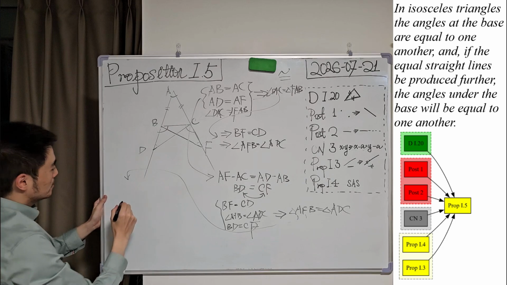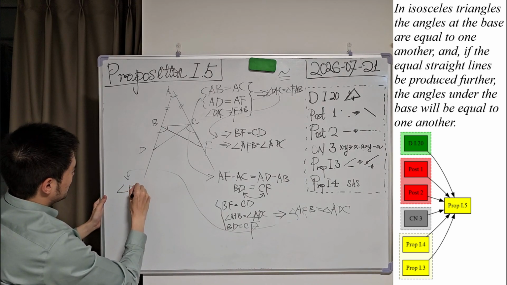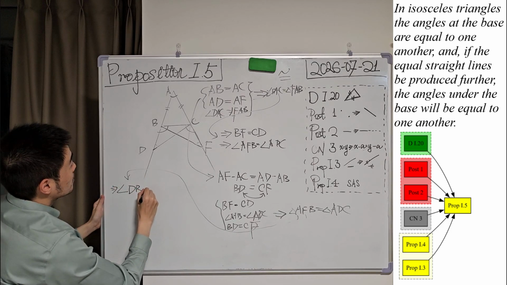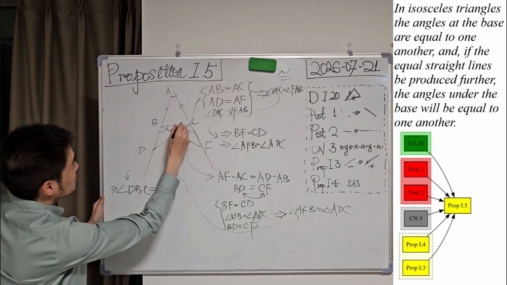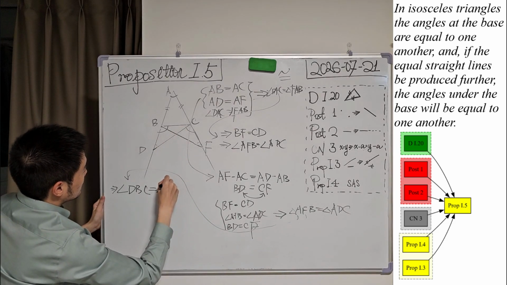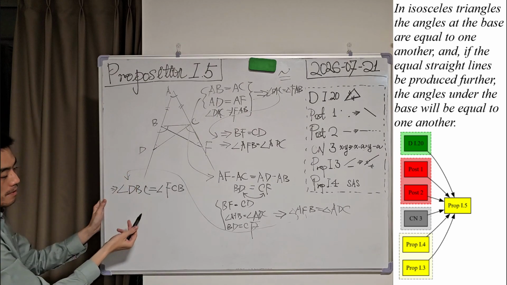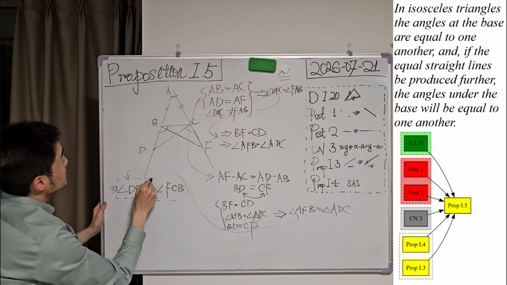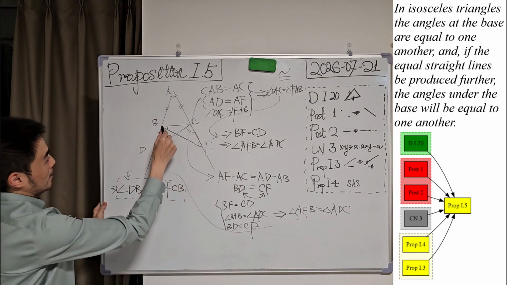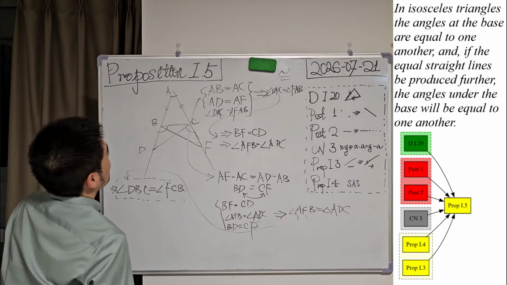So we have angle DBC is equal to angle FCB. So this is one of the conclusions from proposition 5. So the angles under the base, right, they are equal.